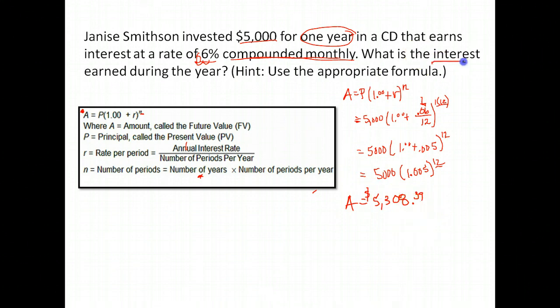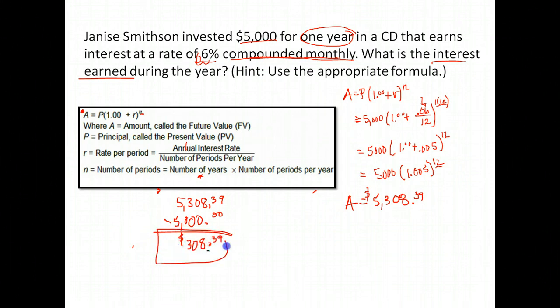We want to know what is the interest earned. So to find the interest earned, you take the amount you have in the end, $5,308.39, and subtract from that the original amount you put in, because whatever you increase by, that's your interest. So we just subtract 5,000, that was the original amount we invested, and we get $308.39 is the amount of interest that was earned.